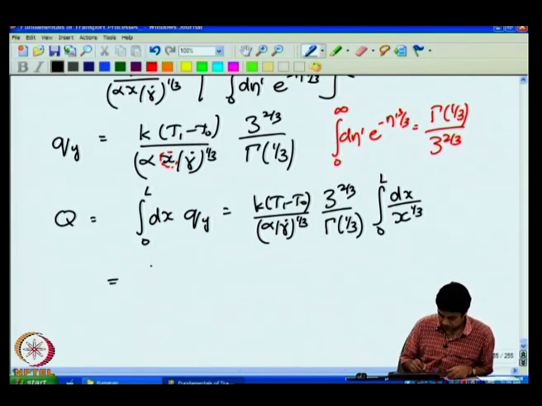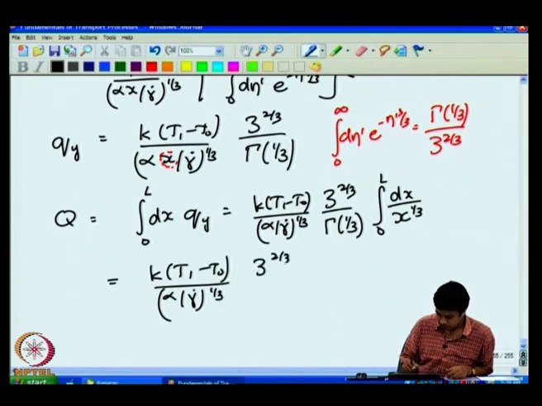So, this is equal to k into (T1 minus T0) by (alpha by gamma dot) to the power 1/3, into 3 to the power 2/3 by Gamma of 4/3, into 3/2 times L to the power 2/3.